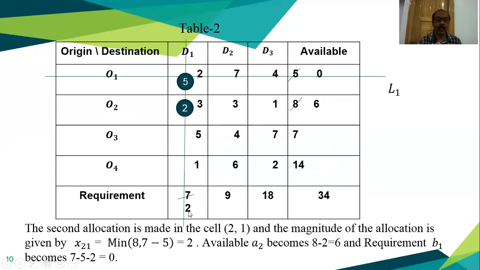Since the demand is now exhausted, we cross out this column, or we can block the column, because there is no demand, so it is totally blocked and cannot be used further. So the first row and first column are not used further.